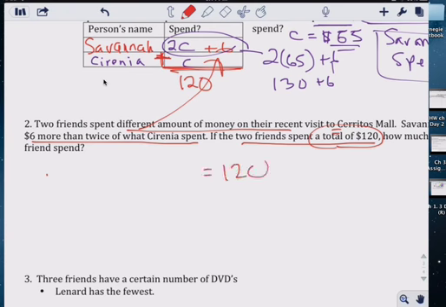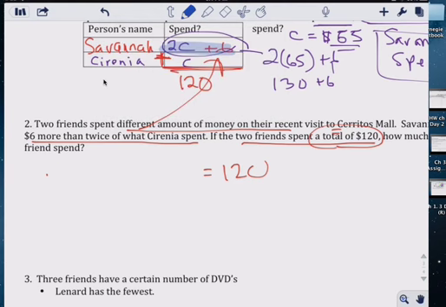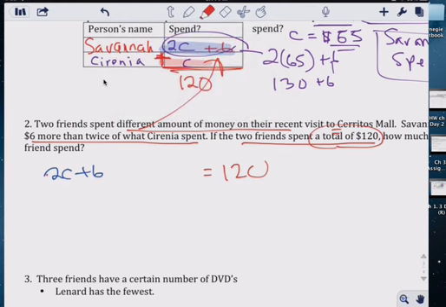What do we add? We add this first, so that's 2C plus 6. And then this here, the C, plus the C, equals the total, those two together, 120.